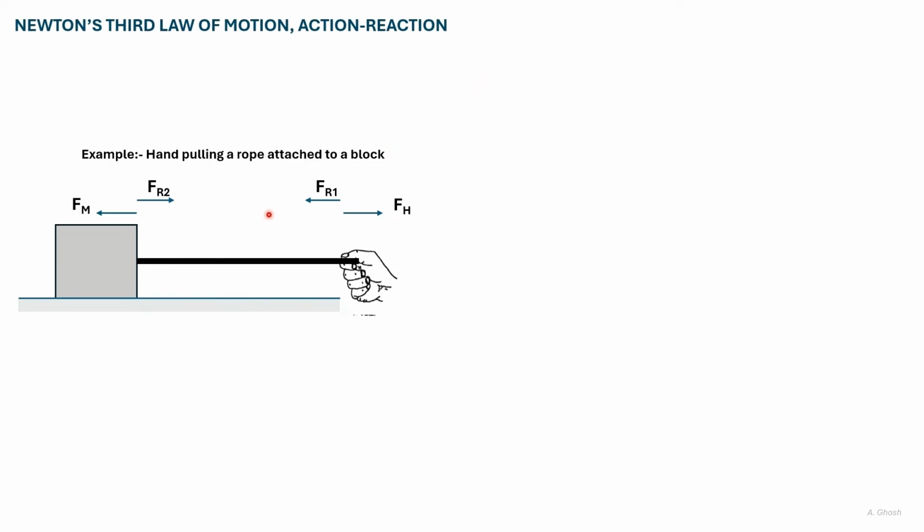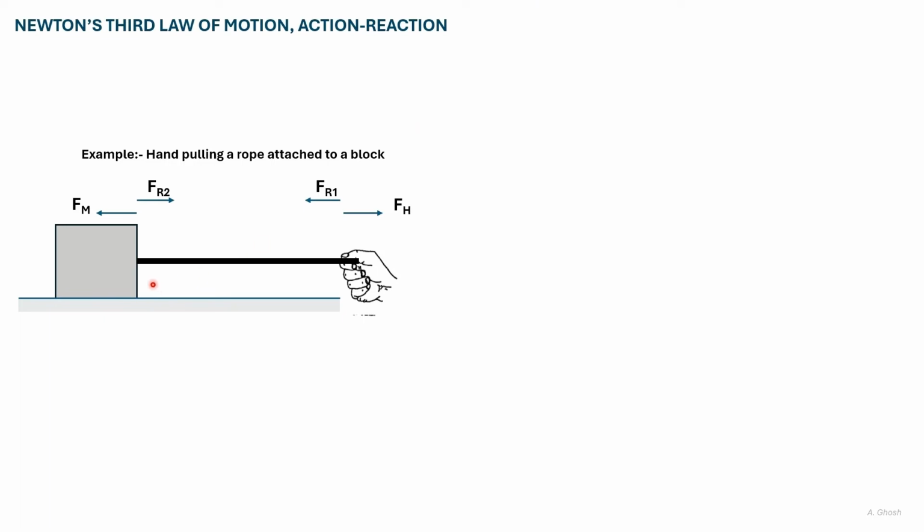So this is the first example of a hand pulling a rope attached to a block. We consider that the coefficient of static friction between the block and the surface is quite high, and the hand is pulling the rope with a small force.